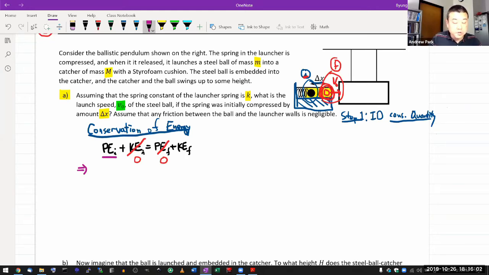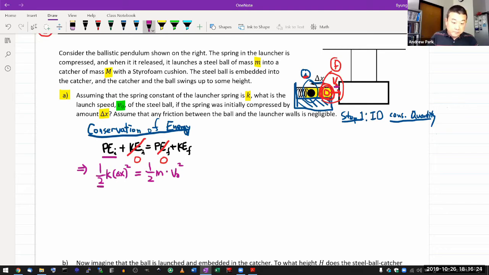The initial potential energy is the spring potential energy, 1/2 k delta x squared, equal to the final kinetic energy, 1/2 the mass of the steel ball times v naught squared.